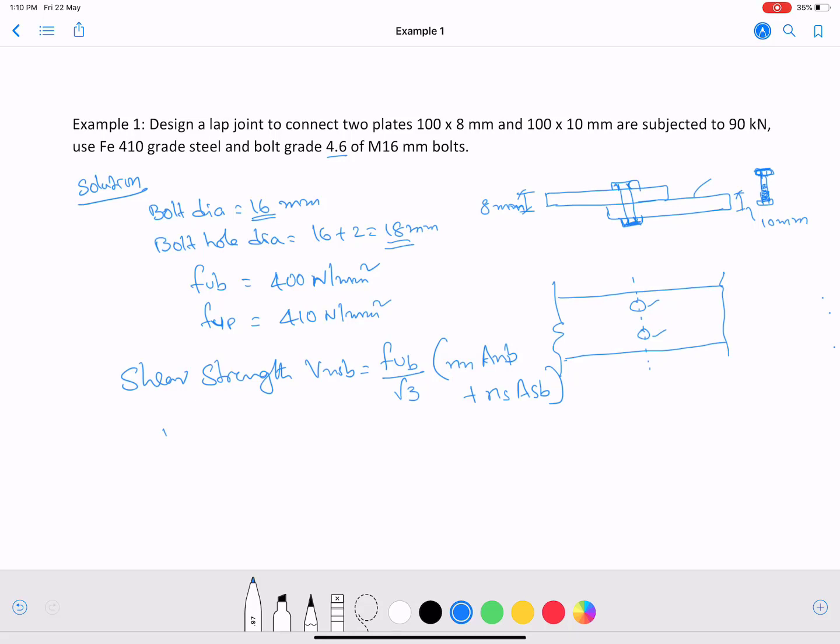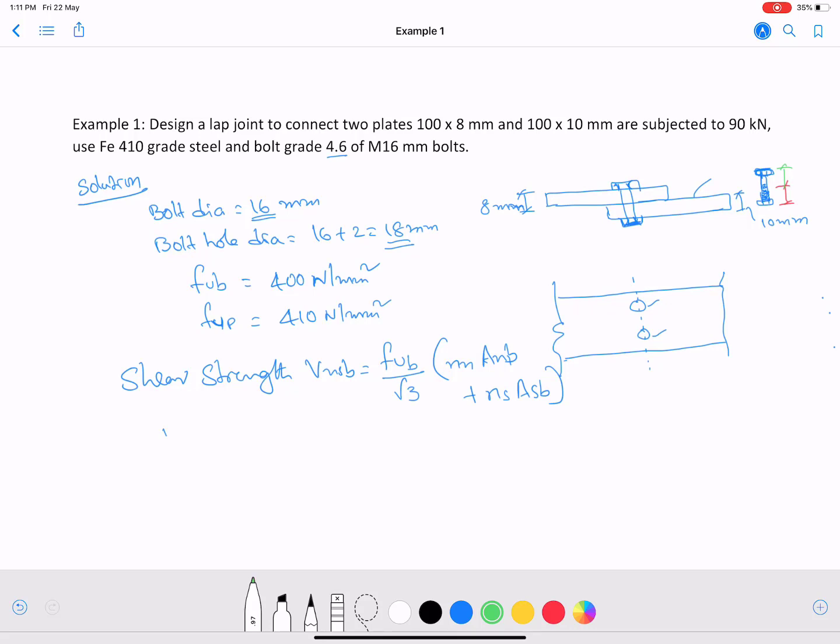We discussed NN equal to number of shear planes at threaded portion. For example, if you can see here, from here is a threaded portion. From here to here is non-threaded portion, shank area. This is a threaded area.